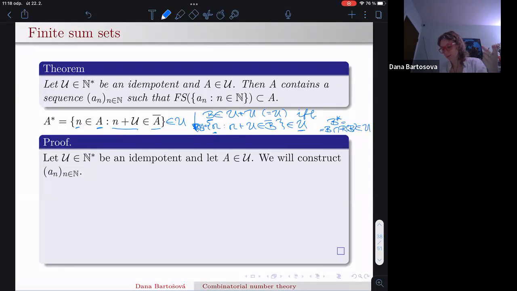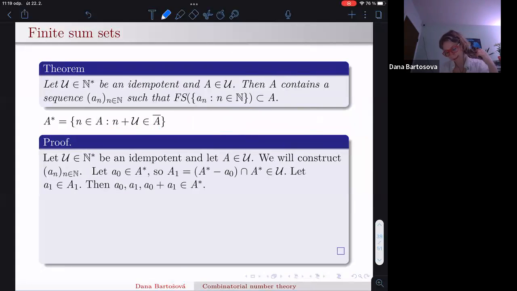Then this also has to be in the ultrafilter, right? So that's where I can say that I'm only going to fish for these inside of the set that I started with. Okay, and obviously this is a subset of A. So let's have what we have. We have the idempotent, we have a set in it, and we are going to construct our sequence.